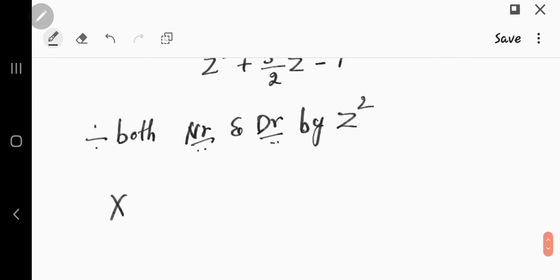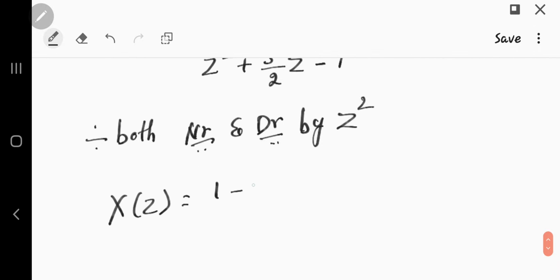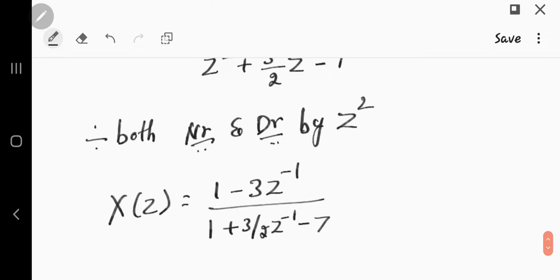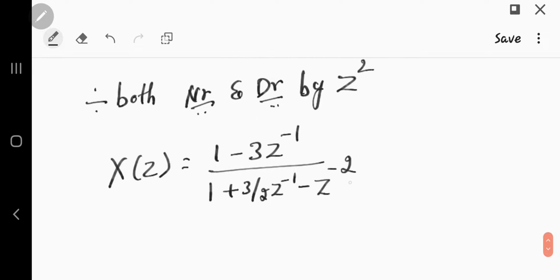So you will get x of z as 1 minus 3z inverse, because a naught should be 1, so that is the reason, over 1 plus 3 by 2 z inverse minus z to the power of minus 2. Now if you look at this, we have 1 and we have 2 here, so obviously the power of numerator is less than the denominator.